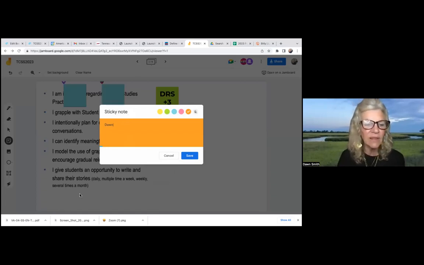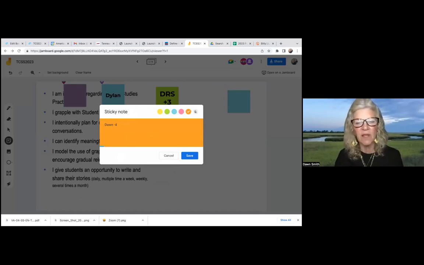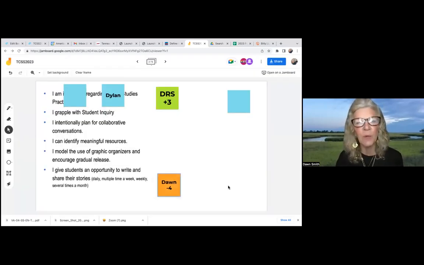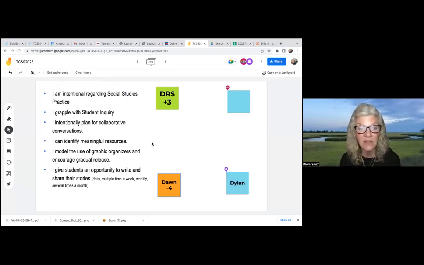And when I look at that list, I see that there are about 4 things on there that I think I do pretty well. Like, I feel like I kind of grapple with inquiry. I think I try to intentionally regard those practices. I'm pretty good at identifying a pretty good source.